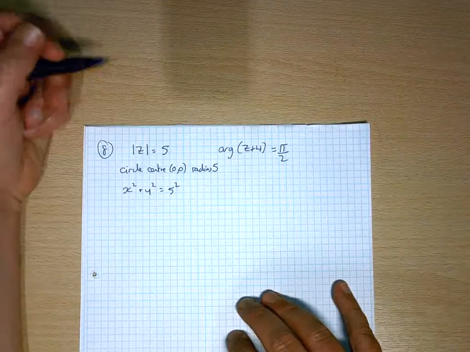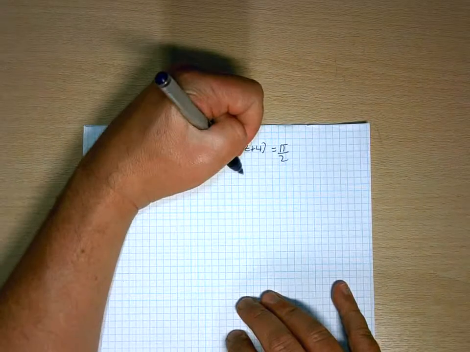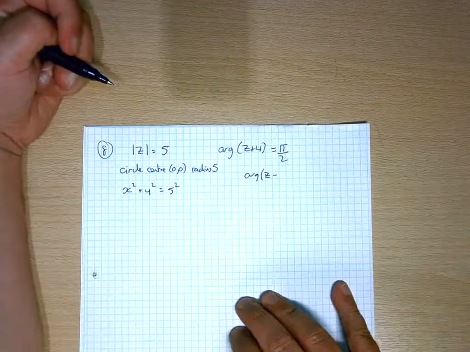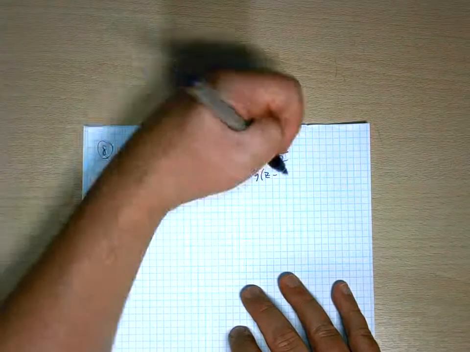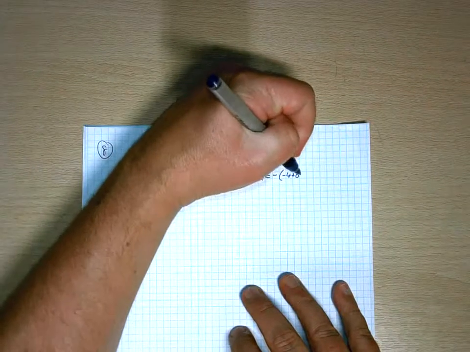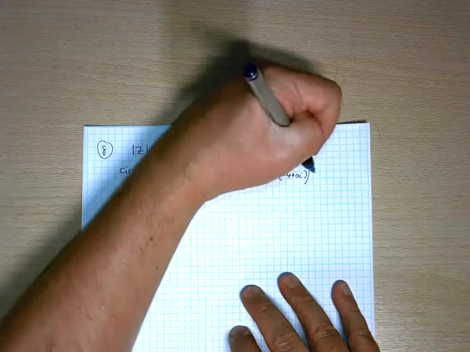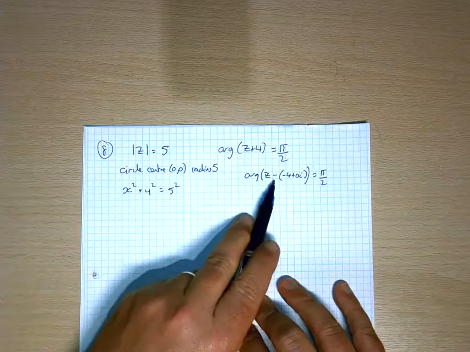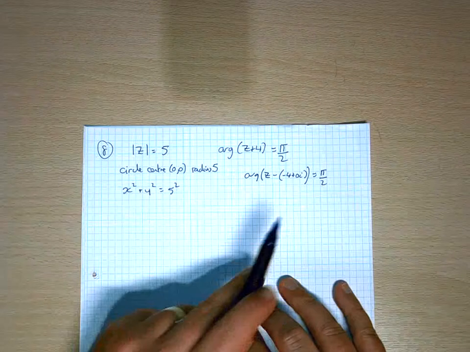For this one, remember what we need to do is put it in the general format first of all, which is arg of z minus a complex number. So that in there would be, okay, that's the same thing, minus times minus 4 is plus 4.